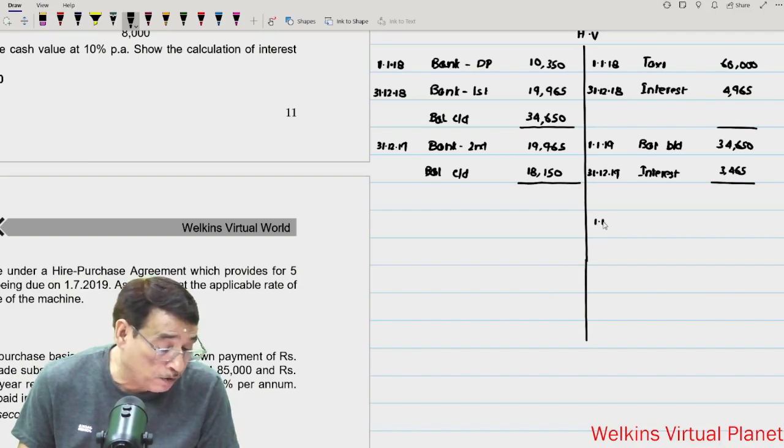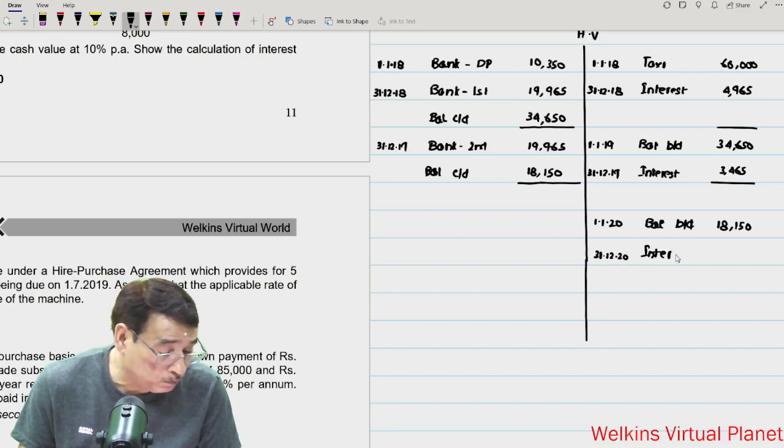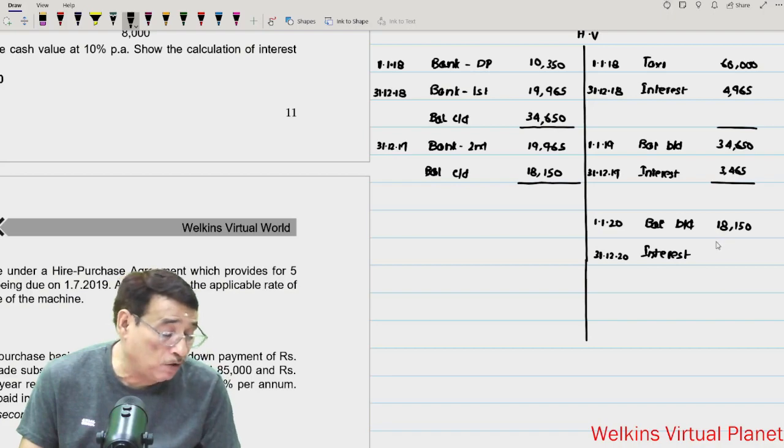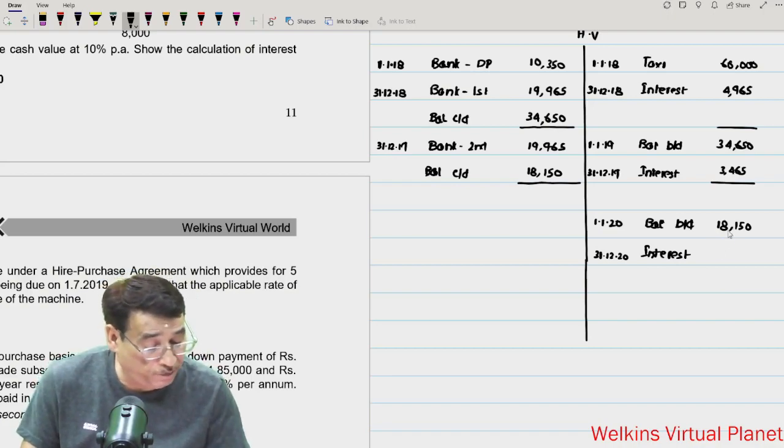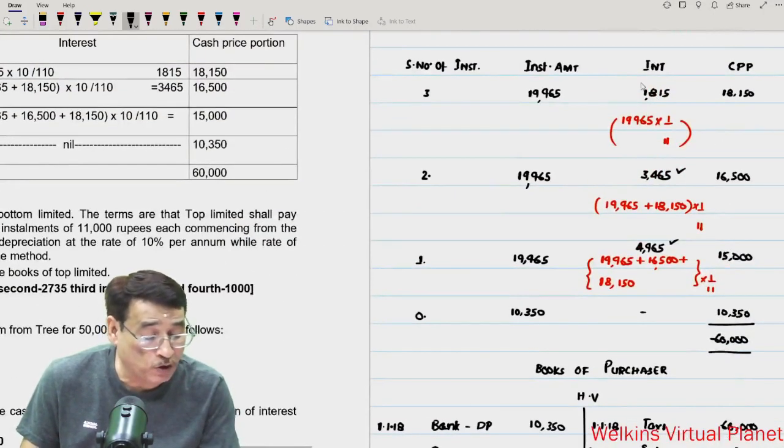Now we come over to 1/1/2020. Balance brought down 18,150, by interest. Now, if I am going to compute the interest in the final year, it was 1815.